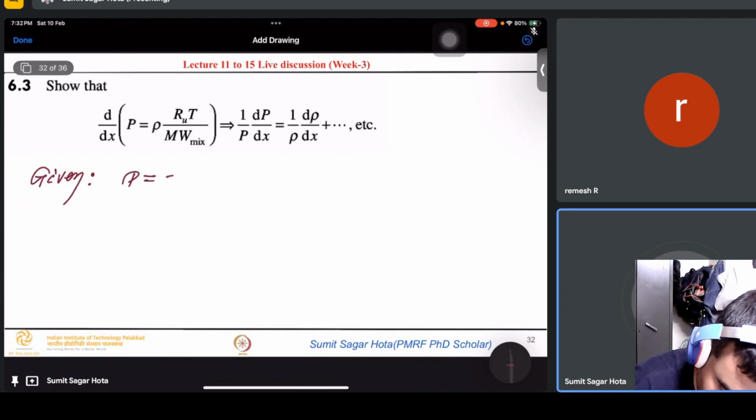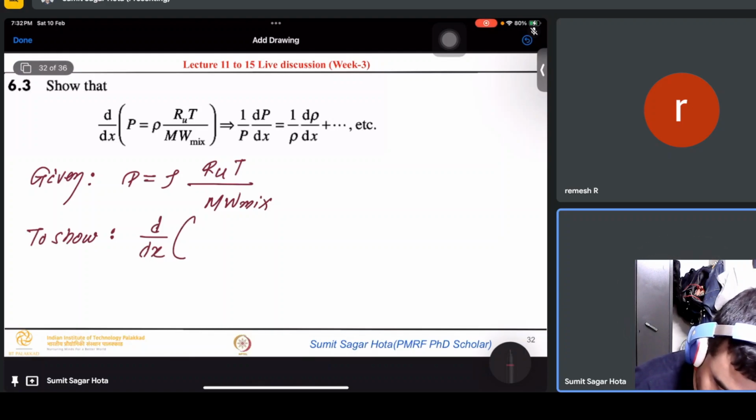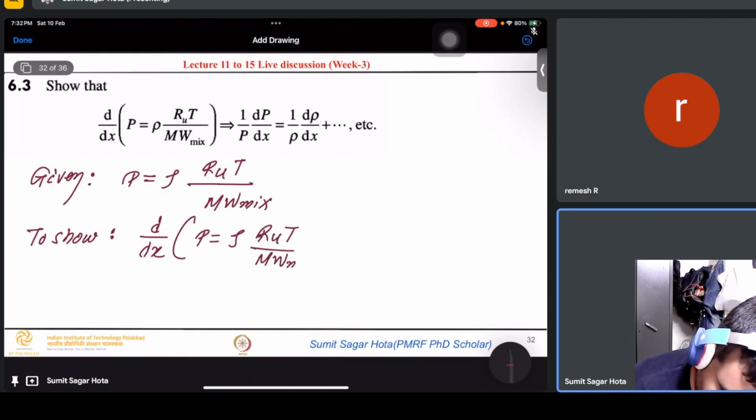P is equal to rho Ru T by the molecular weight of the mixture. d by dx of rho Ru T by molecular weight of the mixture.